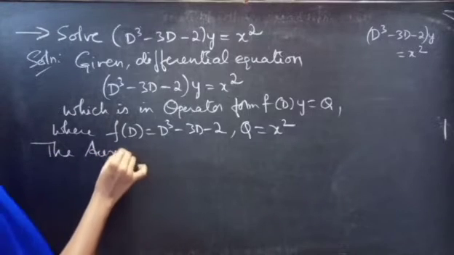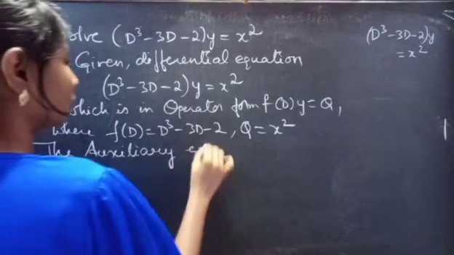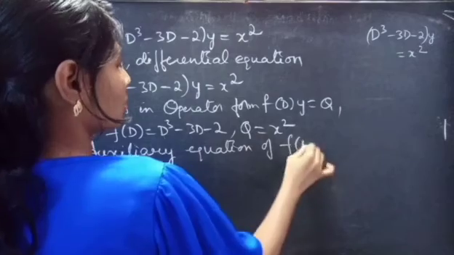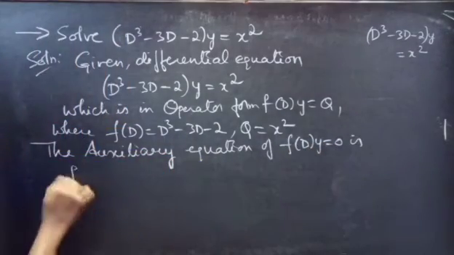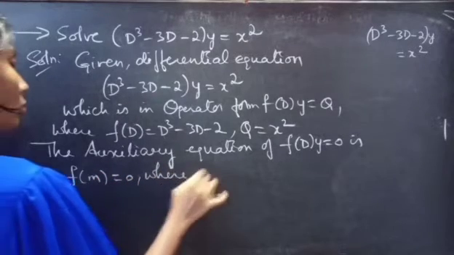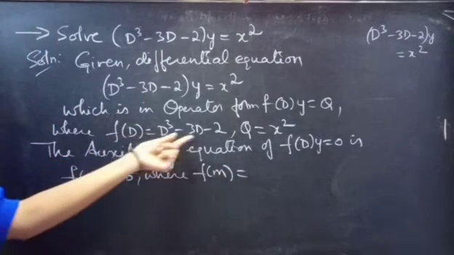The auxiliary equation of F(D) y equals 0 is F(m) equals 0, where F(m) equals D cube minus 3D minus 2.